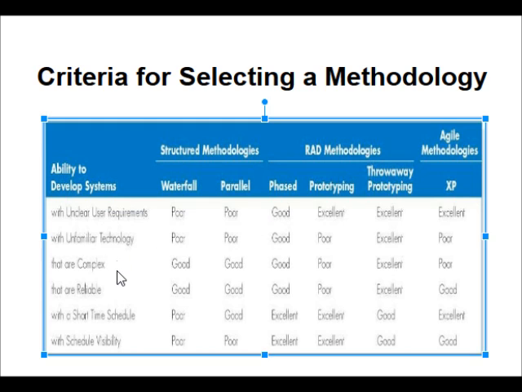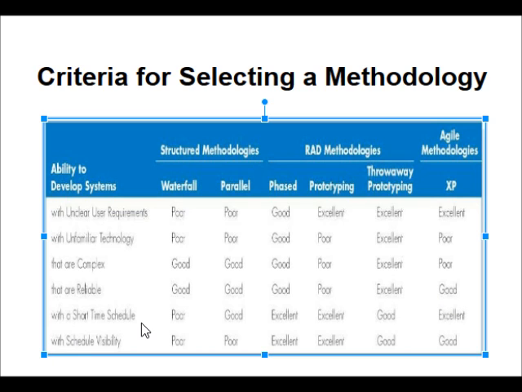When the project itself is complex, then throwaway prototyping is excellent, and waterfall and parallel are good. If the ability to develop the system is reliable, throwaway prototyping is excellent and agile is good.